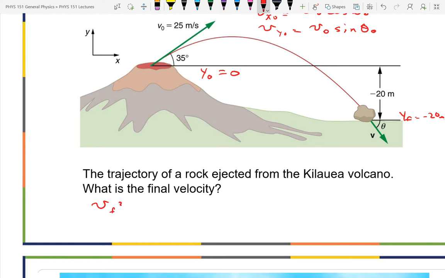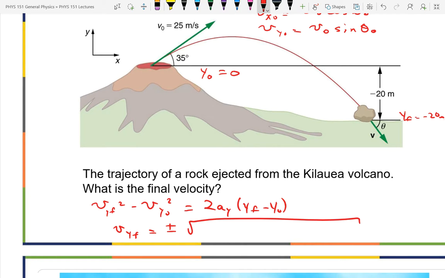So vy final squared minus vy initial squared is equal to 2a_y times y final minus y initial. So vy final equals plus or minus. We know we're going to go with the minus. Square root of vy initial squared plus 2a_y times y final minus y initial.